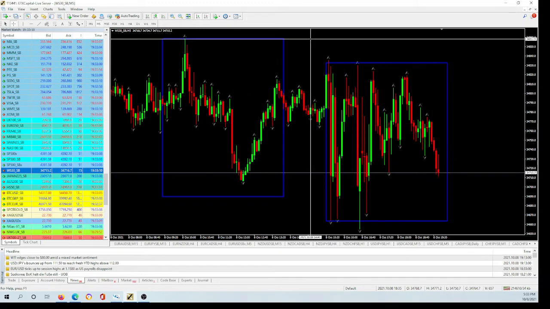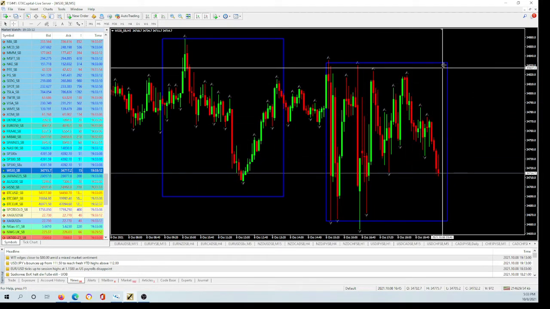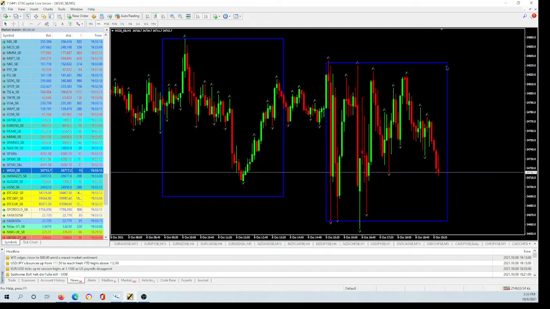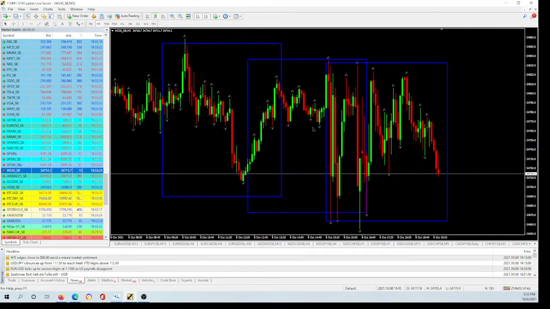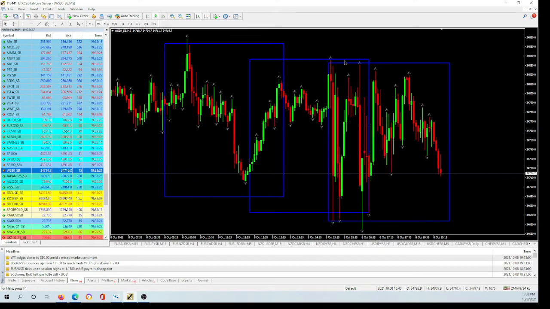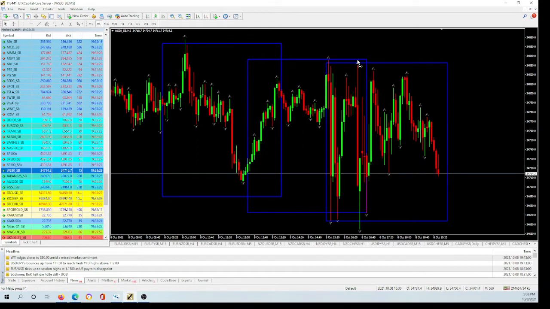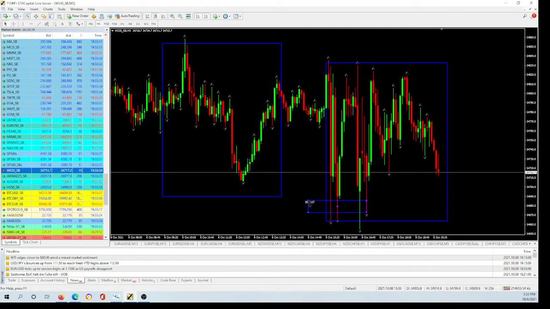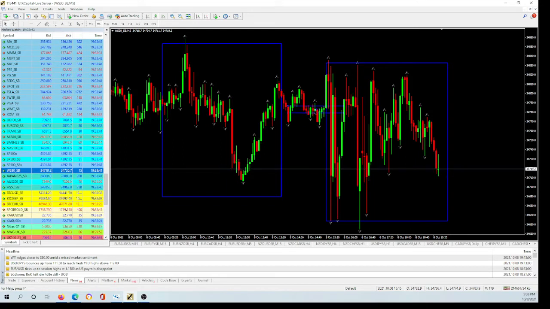And also when you have small consolidations like this, I'll show you. When you have a small consolidation like this, you see here the market was just consolidating.